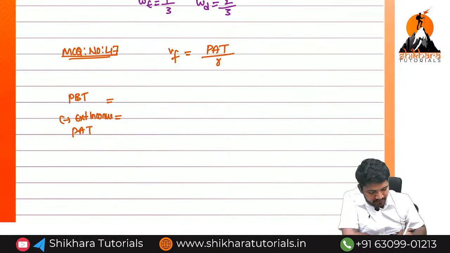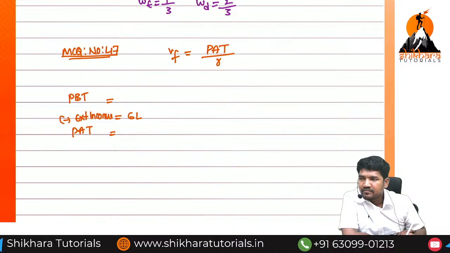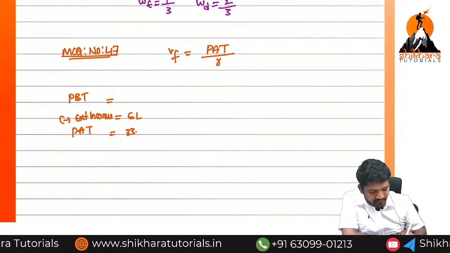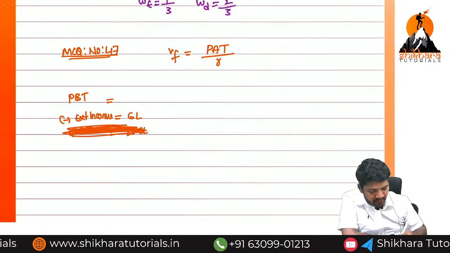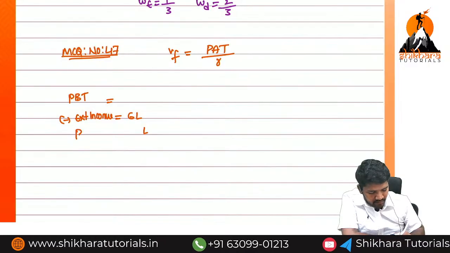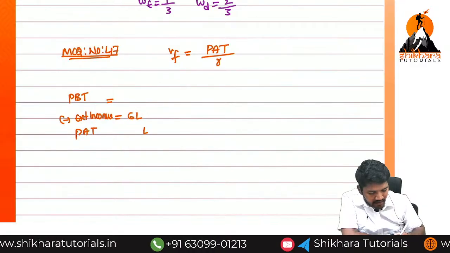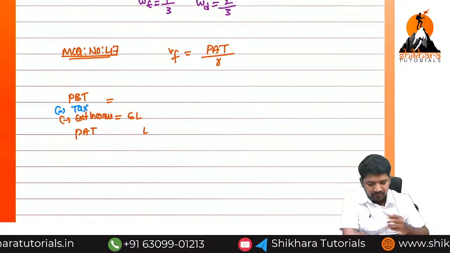It is 6 lakhs. What about the PAT? 33.6 lakhs. So in between PBT and PAT, the main important thing is tax. Guys, clear? Okay, done.